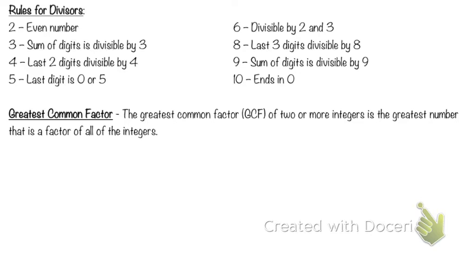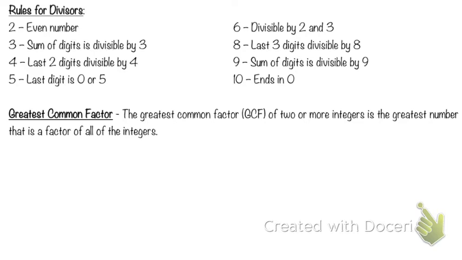Rules for divisors, aka rules to see whether or not a number is divisible by another number. So, is a number going to be divisible by 2? Well, is it even? What does even mean? It ends in 2, 4, 6, 8, or 0. If it ends in one of those 5 numbers, 2 goes into it. If it doesn't, 2 doesn't go into it.